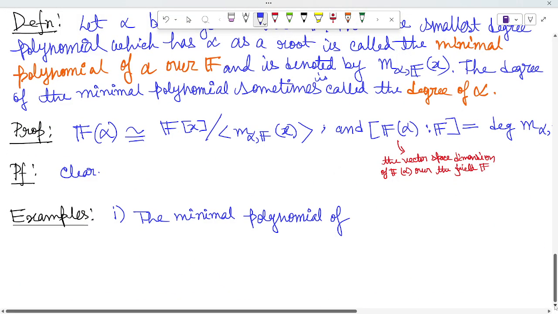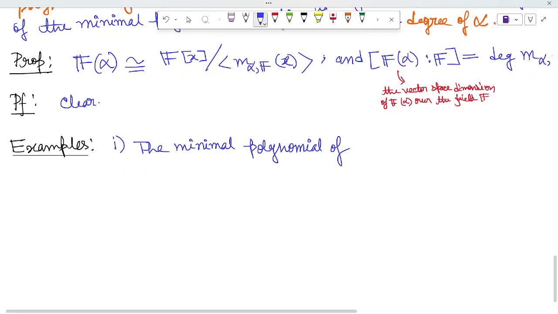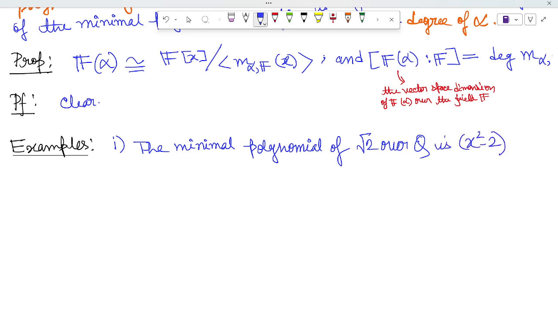The minimal polynomial of root 2 over Q. First, we need to notice whether it is algebraic or not. It is algebraic, so there exists some polynomial. If you are struggling to find the minimal polynomial, a non-zero polynomial that it satisfies might also serve. So the minimal polynomial over Q is x square minus 2.